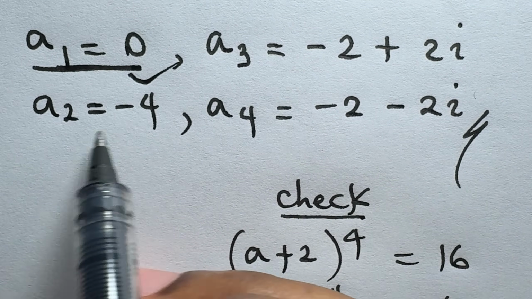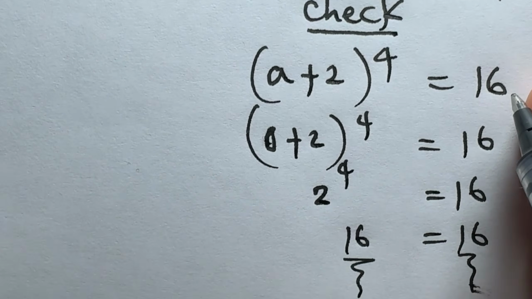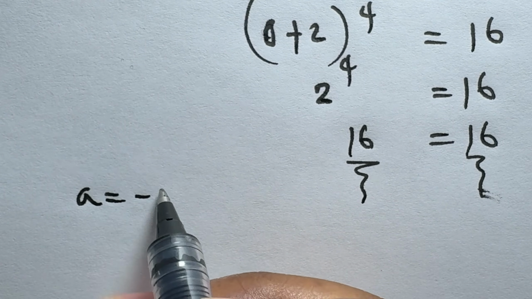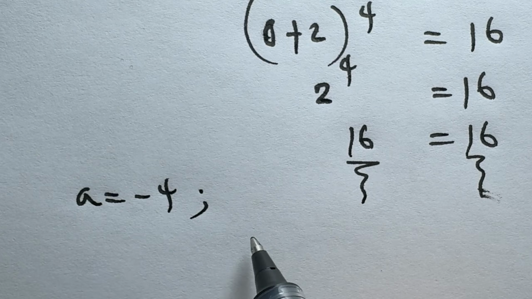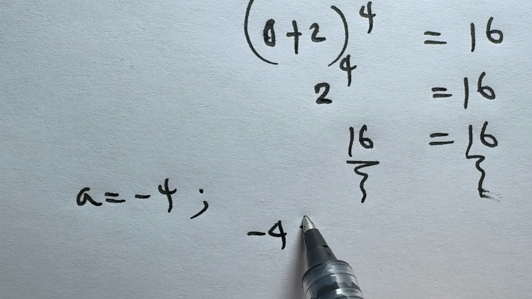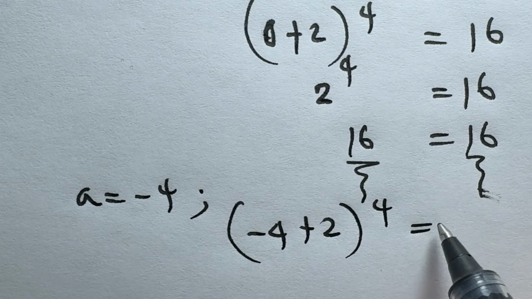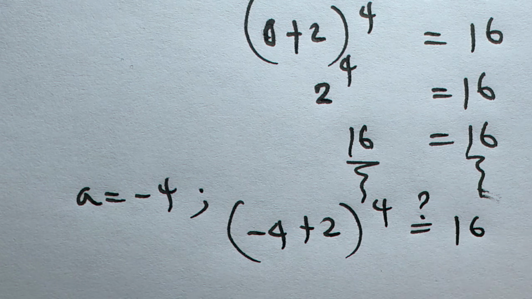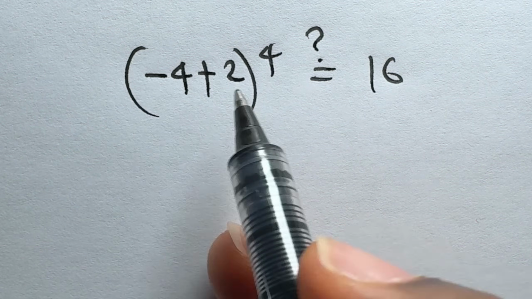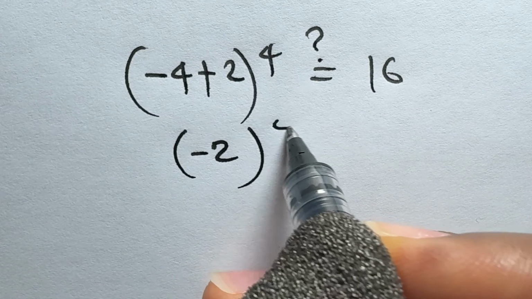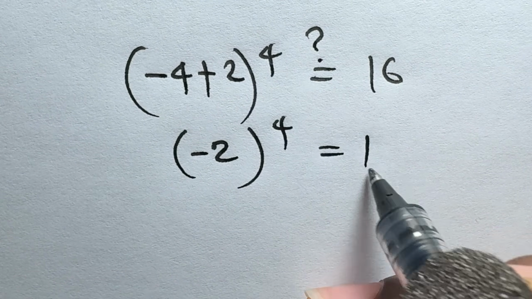Now let's go with negative 4. So for a equal to negative 4, we are going to have negative 4 plus 2 raised to power 4 to give us 16. Negative 4 plus 2 will give us negative 2, then raised to power 4 to give us 16.